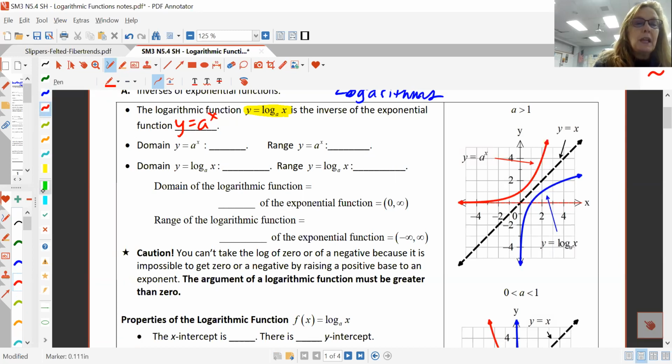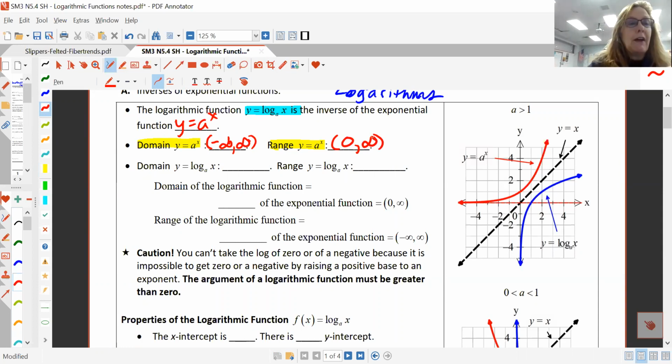So my domain, that one blue. Okay, domain and range on the red function, a to the x. Domain is negative infinity to infinity. Range is 0 to infinity.